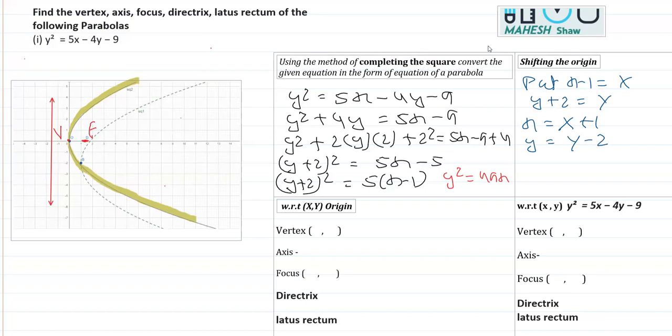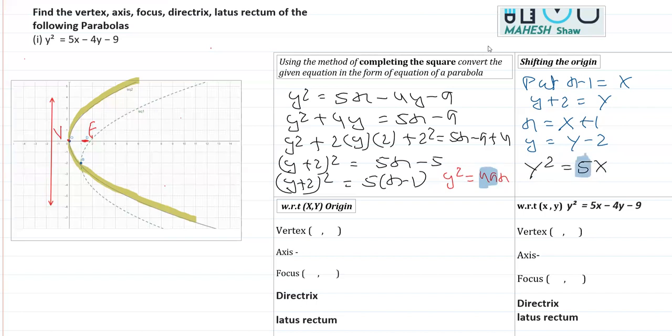Now, once we have obtained this, let's replace x and y over here to obtain the equation of the parabola. As I can see, the equation of the parabola is going to be capital Y square is equal to 5 capital X. Then we can compare this equation with the standard equation.